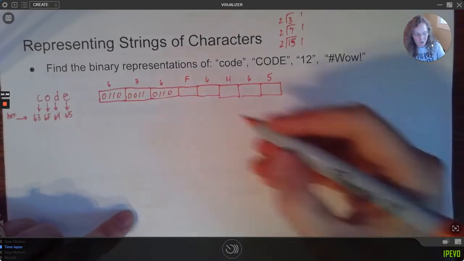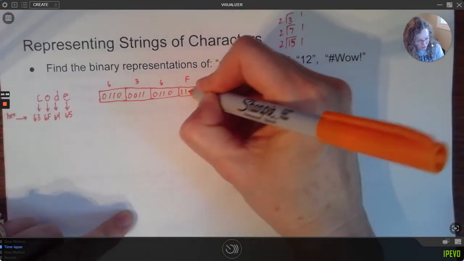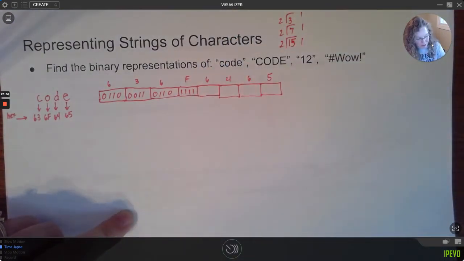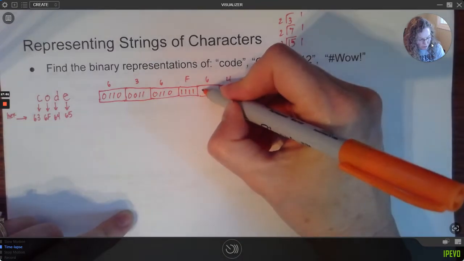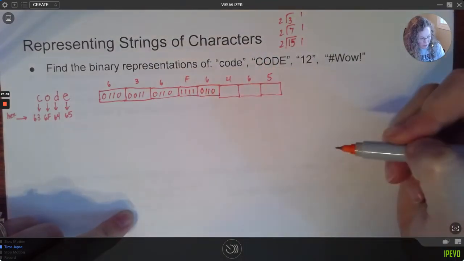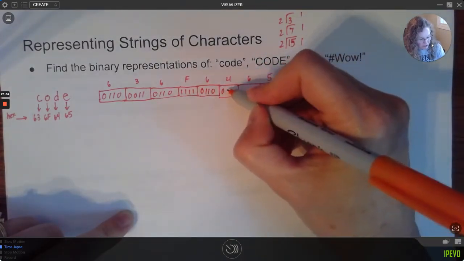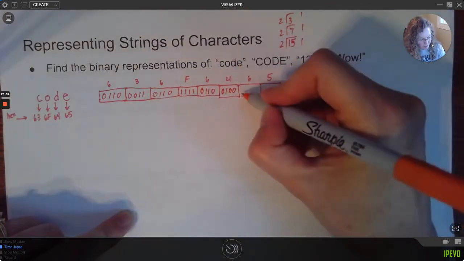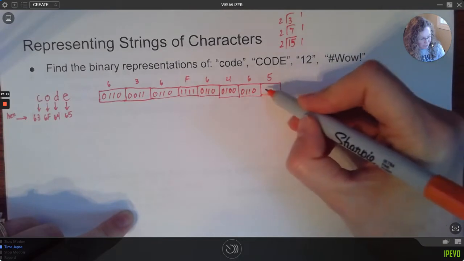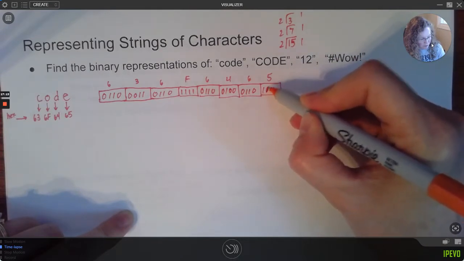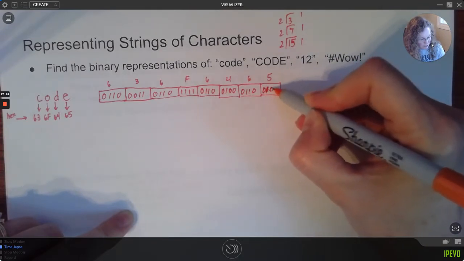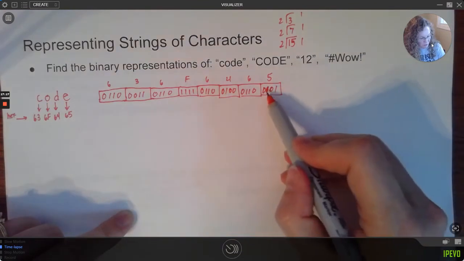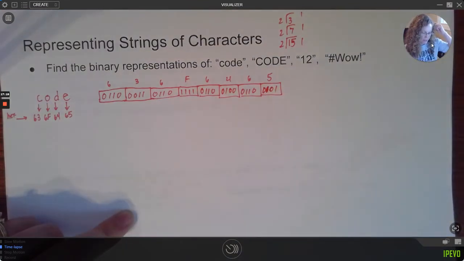That's a good one to memorize. F is all ones. 6, we've seen that one before. 4 just has a 1 in the 4's place, no other place. 6, and then 5 is a 4 and a 1. So 0, 1, 0, 1.